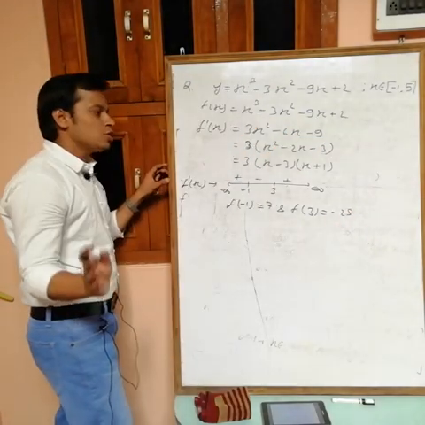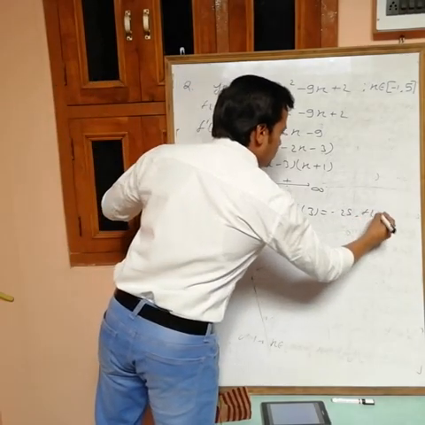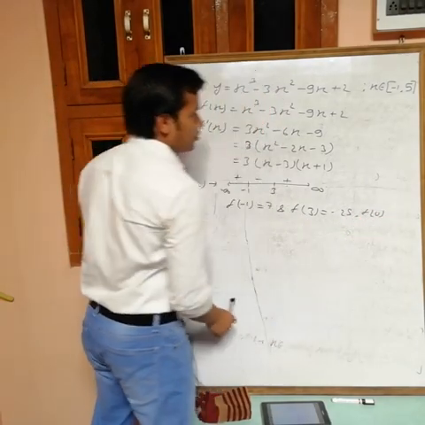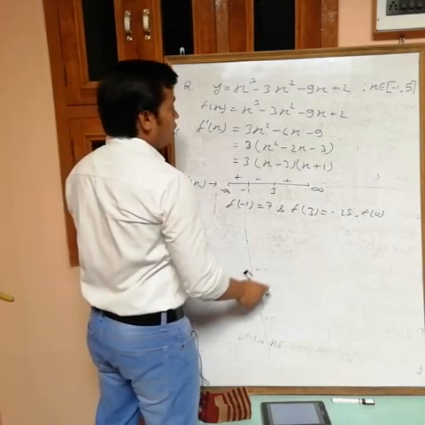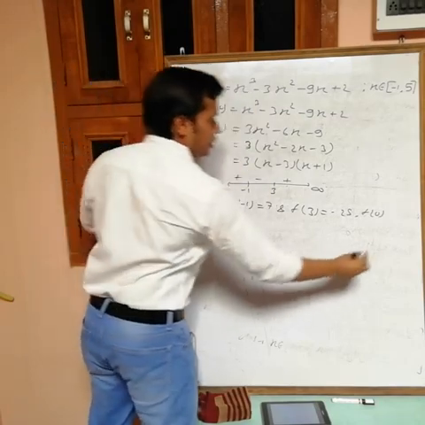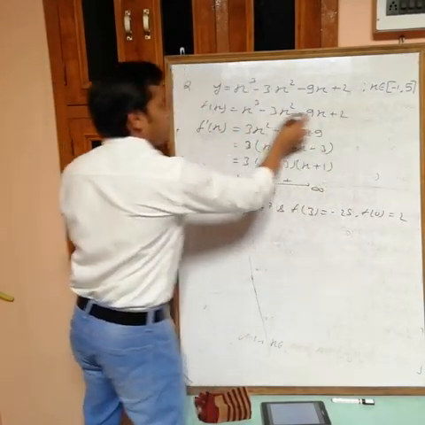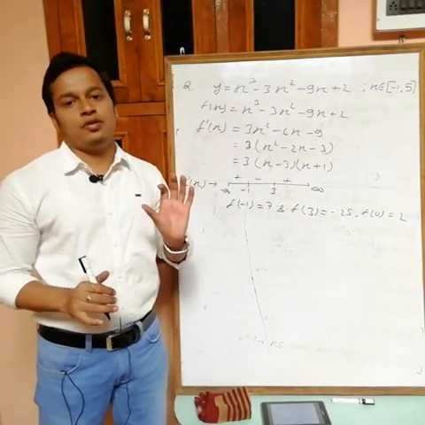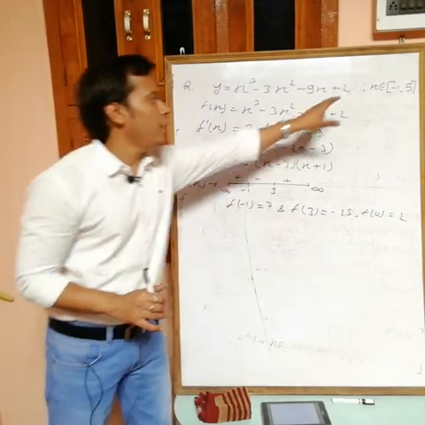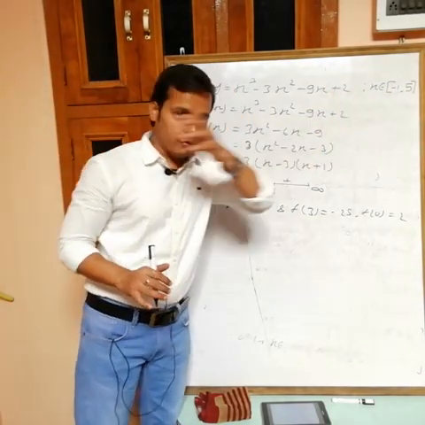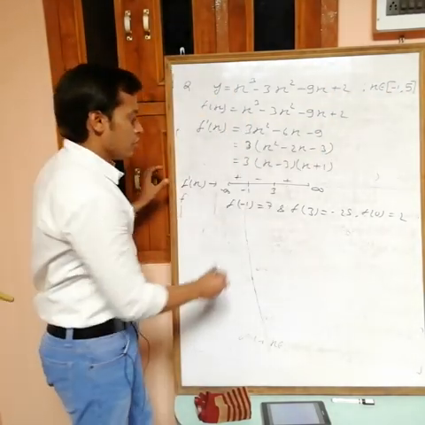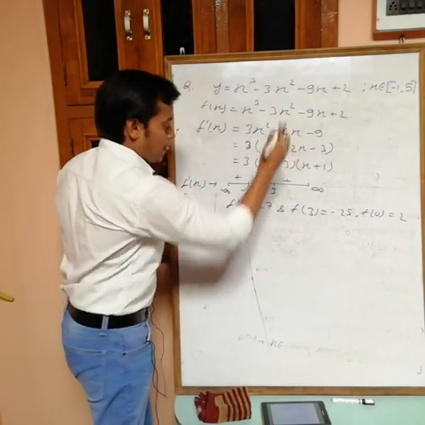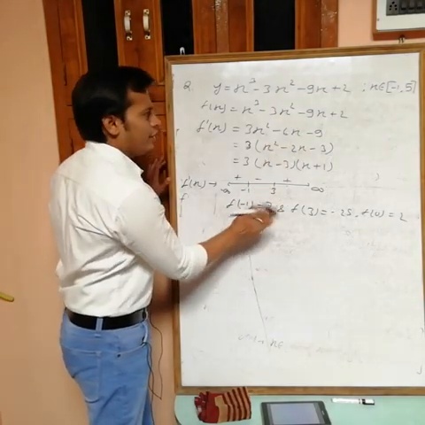Also find the value at 0, f0. If you put 0, then what are we getting? 2. And also if an interval is given, then find the value at the end points to draw a graph. So I am finding f of minus 1; minus 1 is already done.